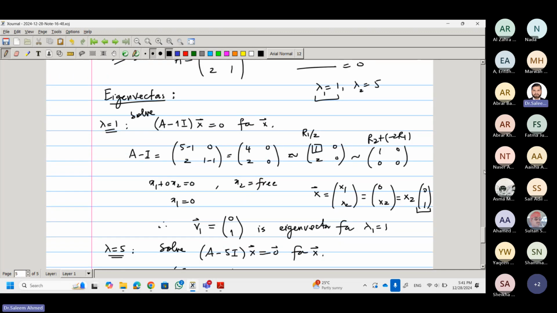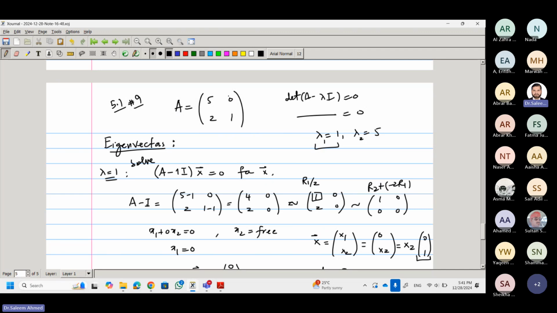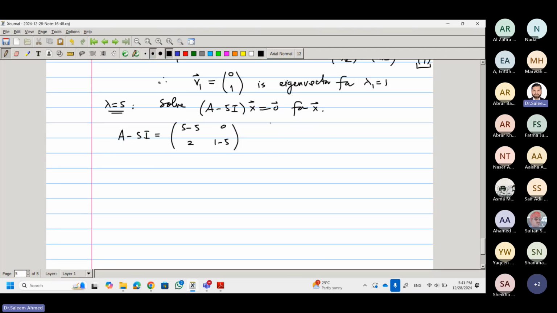So that is 5 minus 5, 0, 2, and 1 minus 5. So you got 0, 0, 2, minus 4. If you change row 1 and row 2, you will get 2, minus 4, 0, 0, and divide row 1 by 2. You got 1, minus 2, 0, 0. No need for any other operation. This is a reduced echelon form.